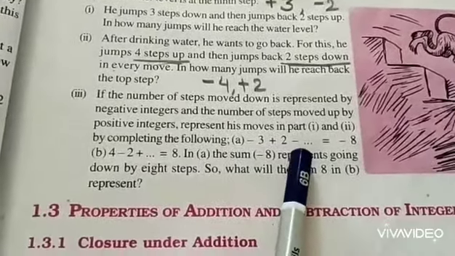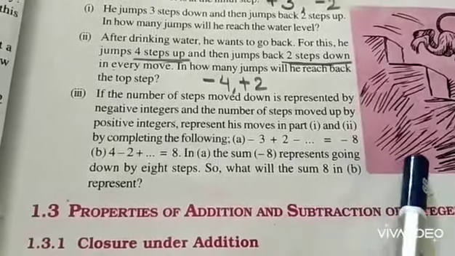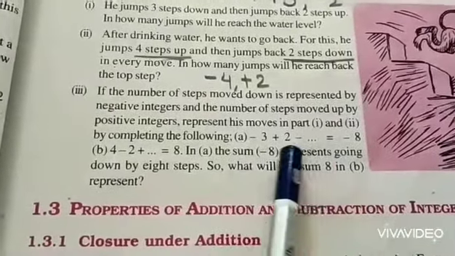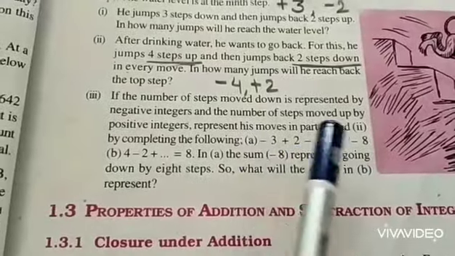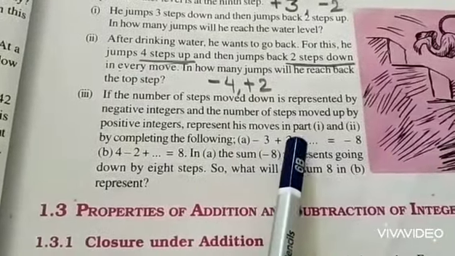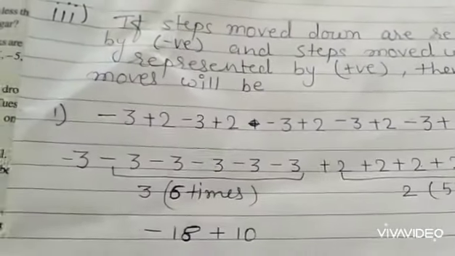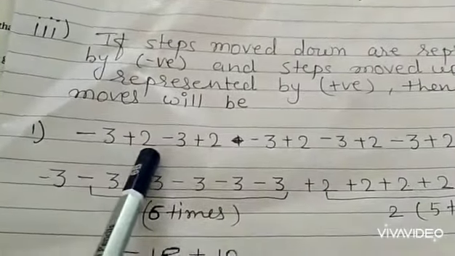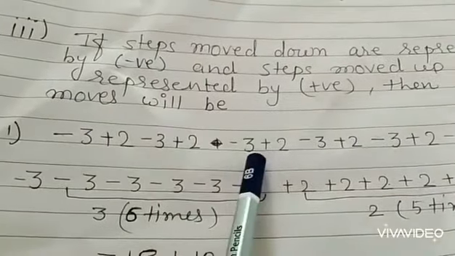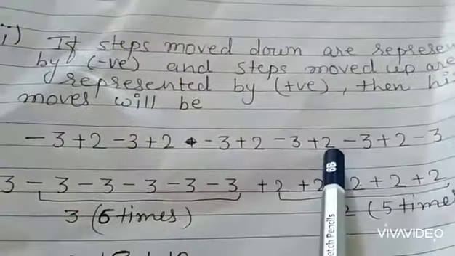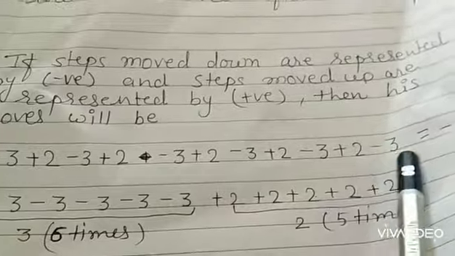Again we have to do minus 3 plus 2, minus 3 plus 2, because he has taken 11 steps. So 11 times we have to write minus 3 plus 2, like that. So we can write it like this: minus 3 plus 2 minus 3 plus 2 minus 3 plus 2 minus 3 plus 2 minus 3 plus 2 minus 3.